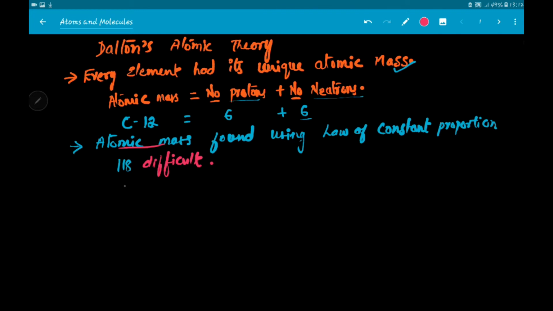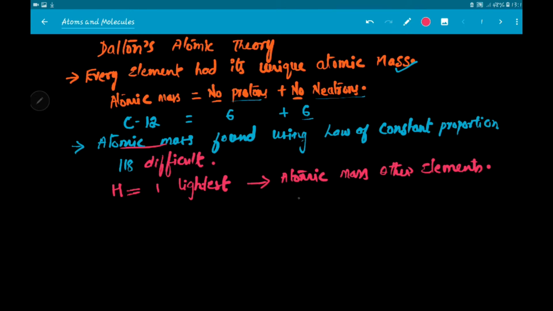So initially scientists took hydrogen as the element. Its atomic mass was found to be 1. This was the lightest element. By using this, the atomic masses of other elements were found.